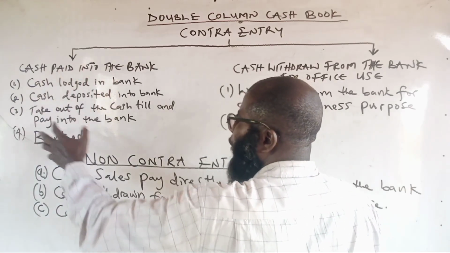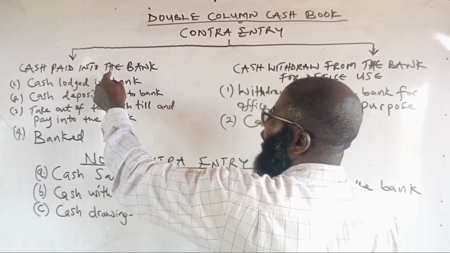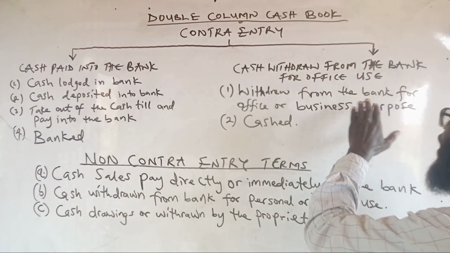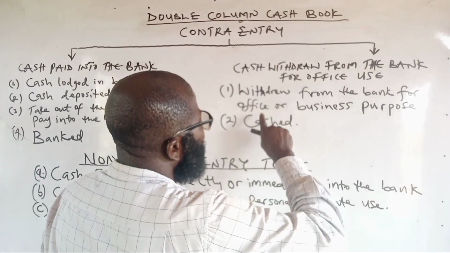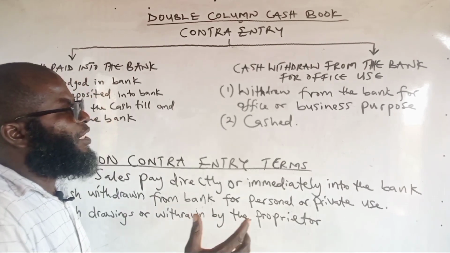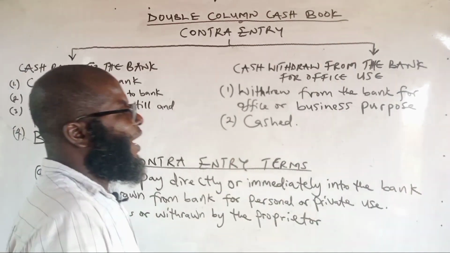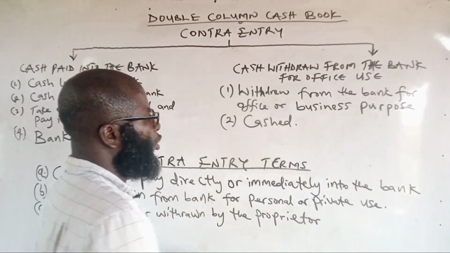Therefore, you have to take note of all these terms. Anytime you come across them, they are referring to this. The same applies to cash withdrawn from the bank for office use. Number 1, withdrew from the bank for office or business purpose. This simply means money is withdrawn from the bank into the cash account for office or business use.